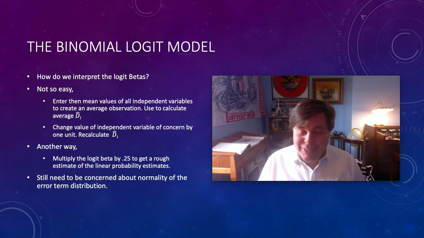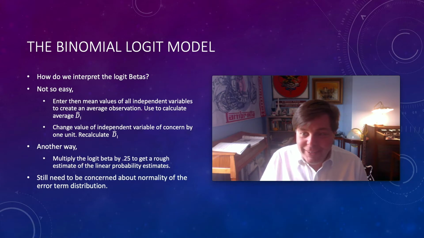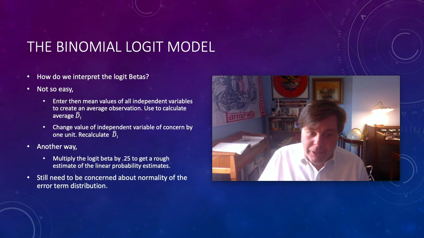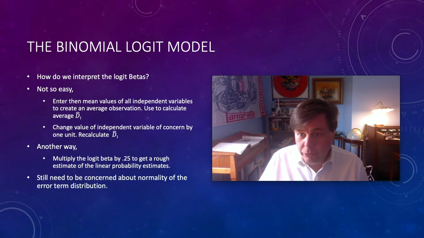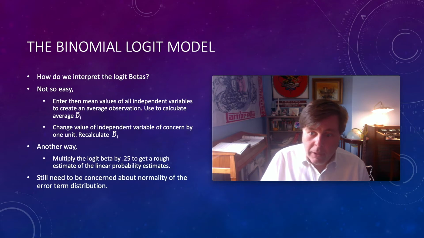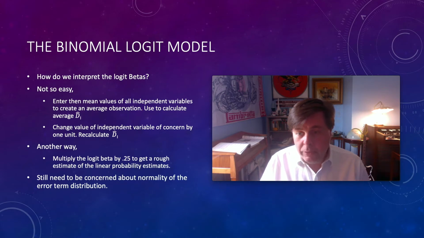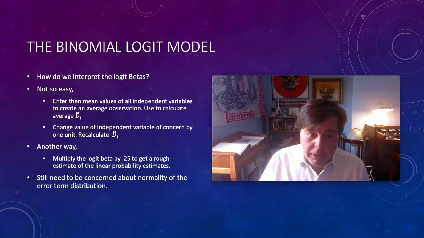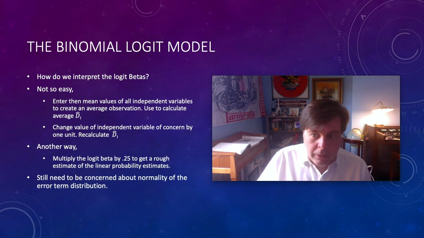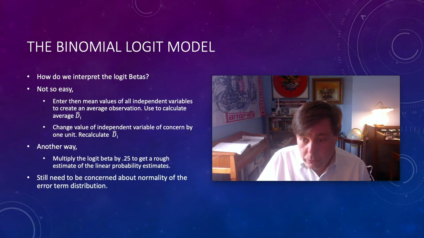Another way to get a rough estimate is to multiply the Logit estimated betas by 0.25. In doing that, you can then get a rough estimate of what the linear probability estimate is going to be. So let's say we've got a Logit beta of 2.